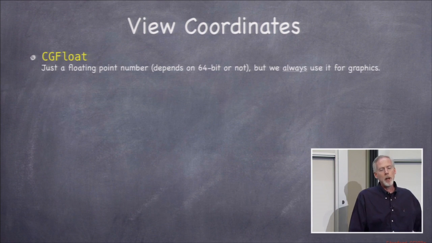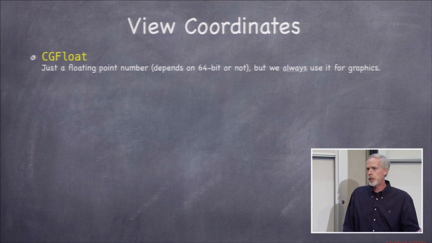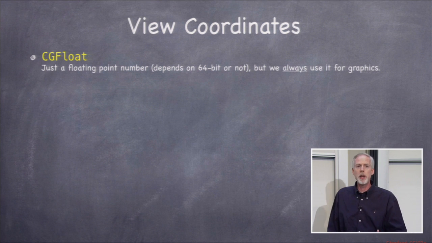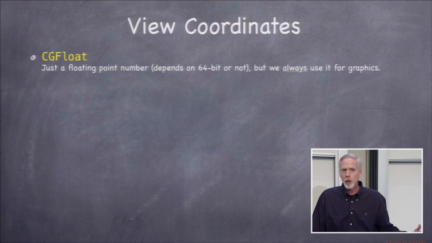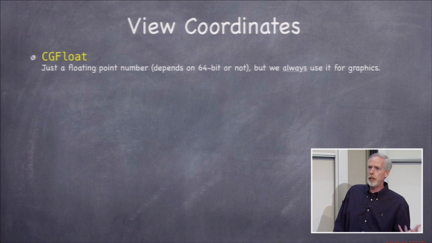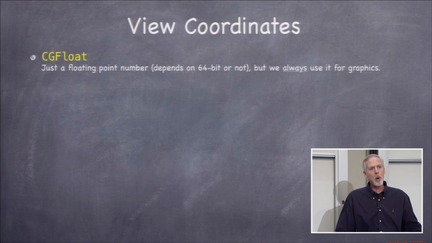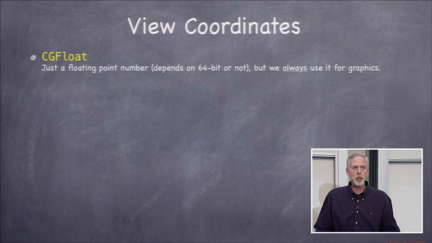Now, before I can talk more about UIView and drawing there and getting events, we got to define a few types here. One is CGFloat. This is a floating point number. All floating point numbers that have to do with drawing on the screen or getting touch events or whatever are CGFloats. This might be a double, it might be just a regular floating point number, it might be 32 bits, it might be 64 bits, you don't know and you don't care, but you always have to use CGFloat.